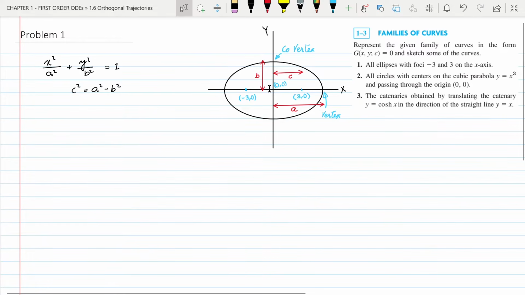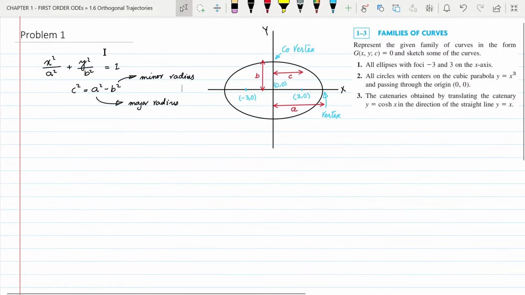For either of the foci, the distance is the same. We can see here from 0 to 3 the distance is 3, so here c is 3. Also from 0 to minus 3 the distance is 3. A is the major radius, so this distance is A, B is the minor radius. So in this relation, A is the major radius and B is the minor radius.